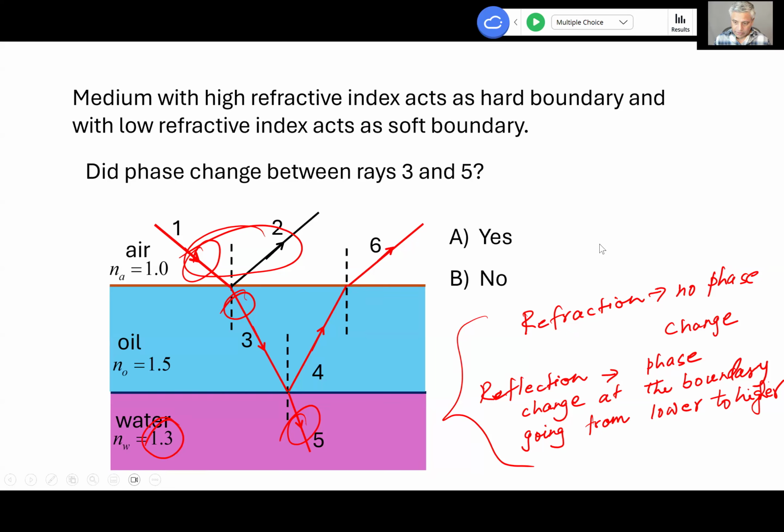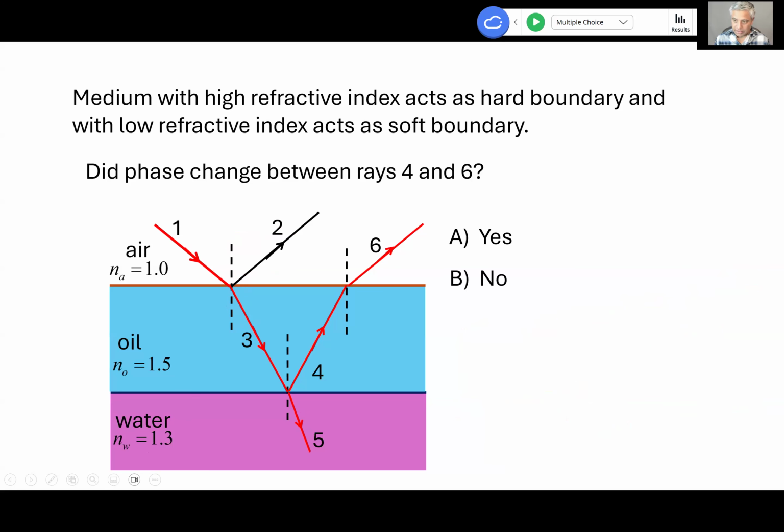So I think I have one last slide related to this question here. So now we're talking about 4 and 6. And you have a minute.